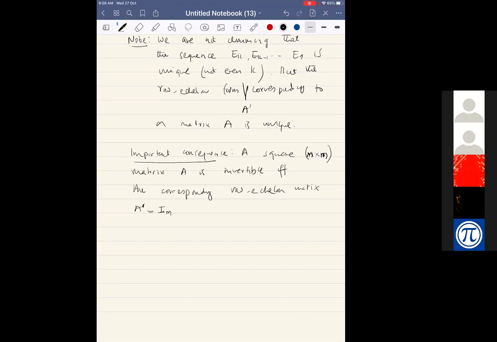The point is, because the space of matrices is like R to the n, for any function from that into any other R to the m, you can ask whether it's continuous or not.